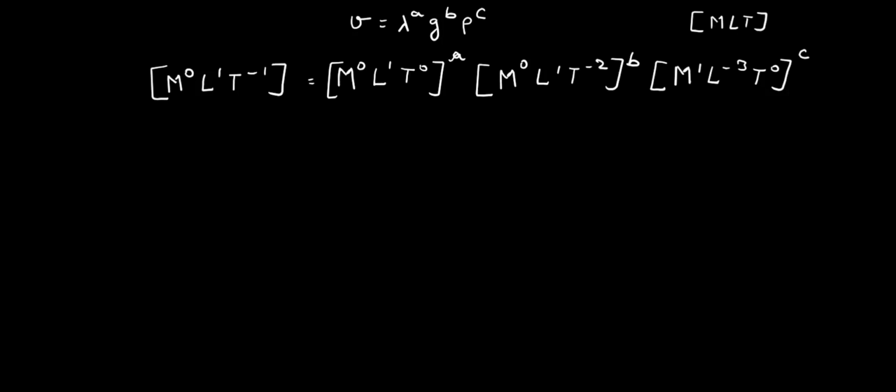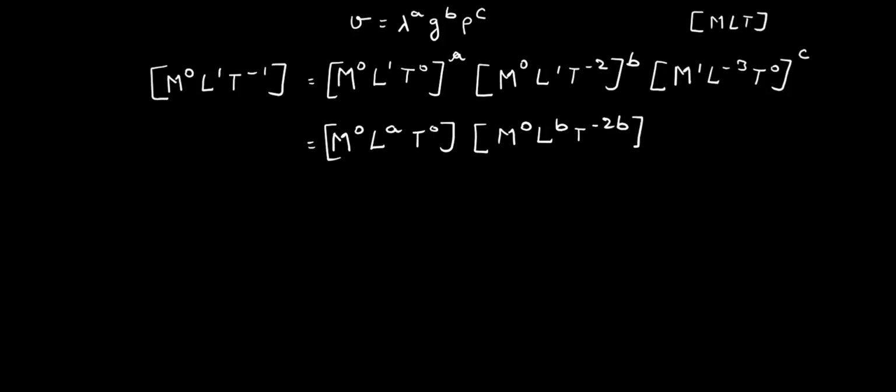So now we have to equate the LHS and the RHS. First, we can take the powers inside. So M power 0 into A is M power 0, L power A, and T power 0. For the next term, M power 0, L power B, T power minus 2B.